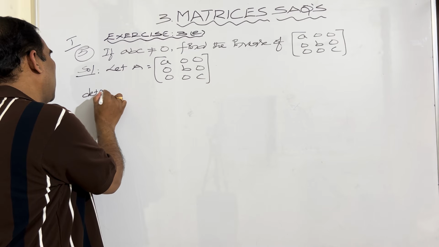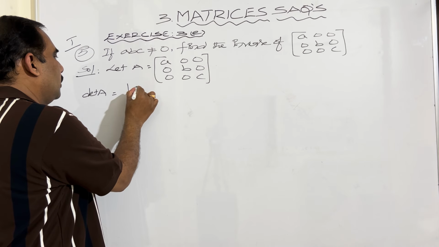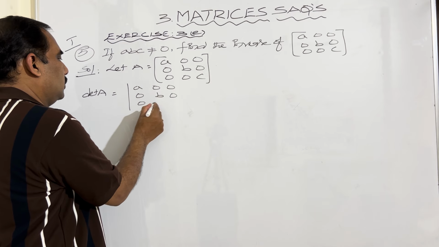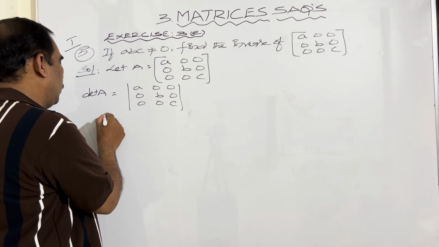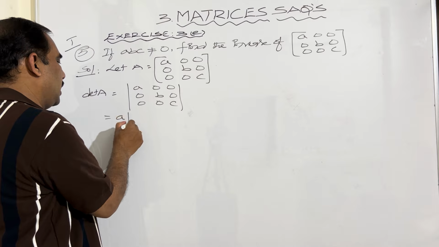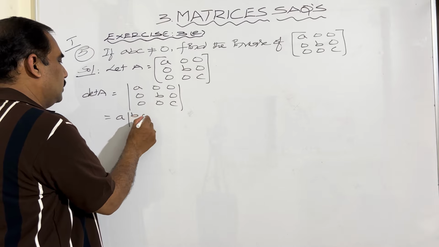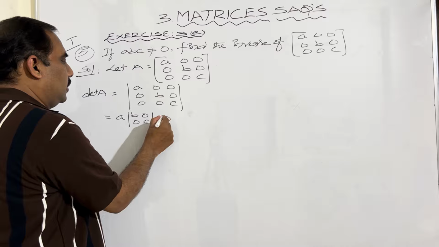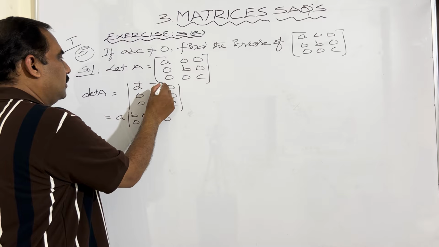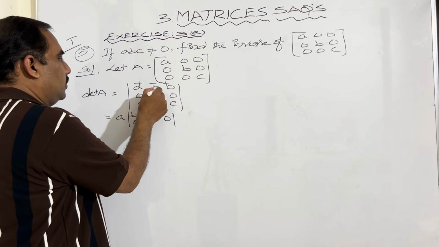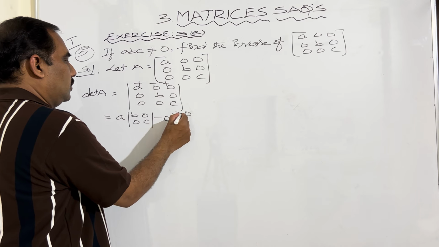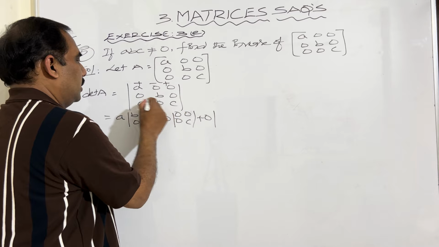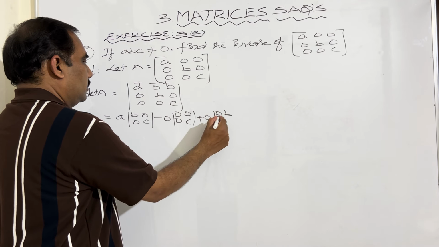Determinant of A is the determinant of A 0 0, 0 B 0, 0 0 C. So we get determinant of A is A into the determinant of B 0, 0 C, minus 0 into the determinant of 0 0, 0 C, plus 0 into the determinant of 0 B, 0 0.